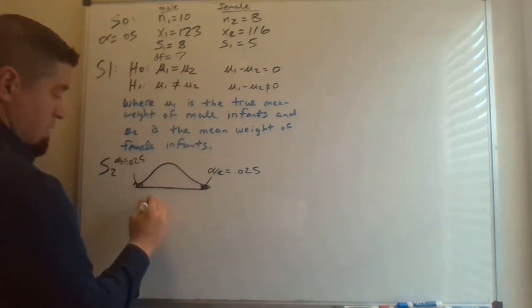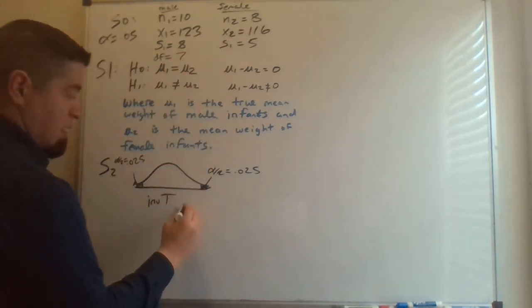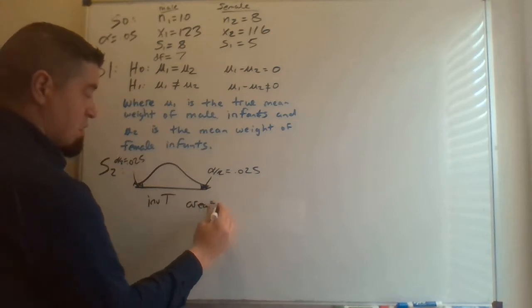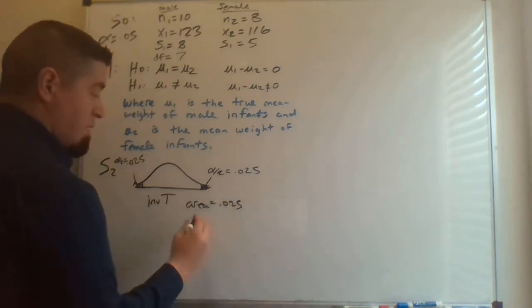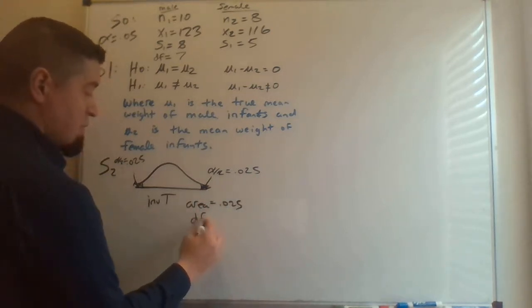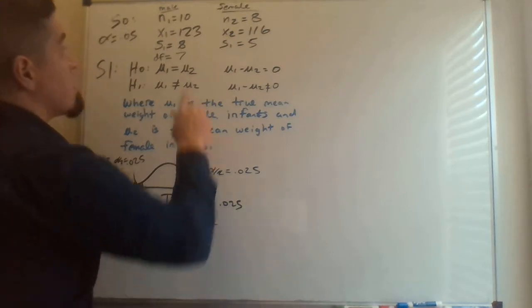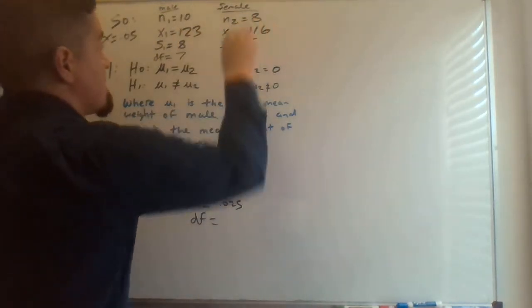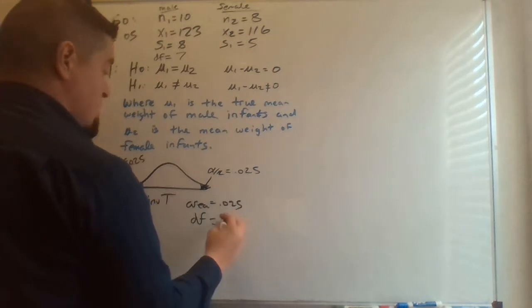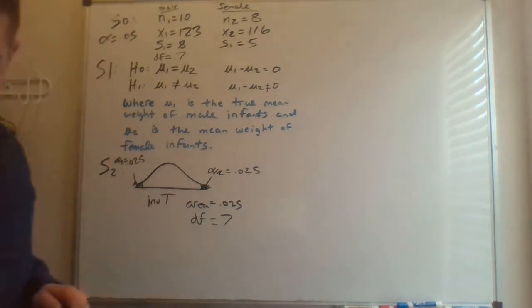When you do this, you do inverse t of area 0.025 and degrees of freedom of the smaller of the two n's, which is 8 minus 1, 7.